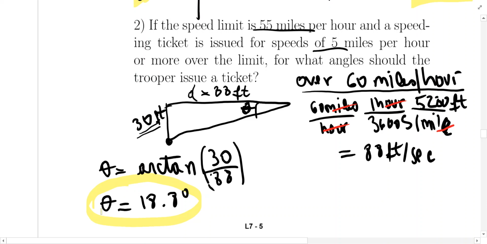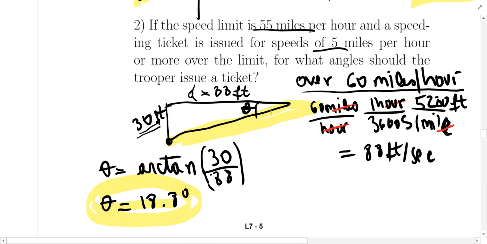Guys, so when the angle of elevation from the trooper to the car is 18.8 degrees or less, right? Or less would mean that the car is here, then the angle of elevation would be even smaller. That means that the car is going to get a ticket. The car is going over 60 miles per hour. Because when the car is going 60 miles per hour, the angle is 18.8.